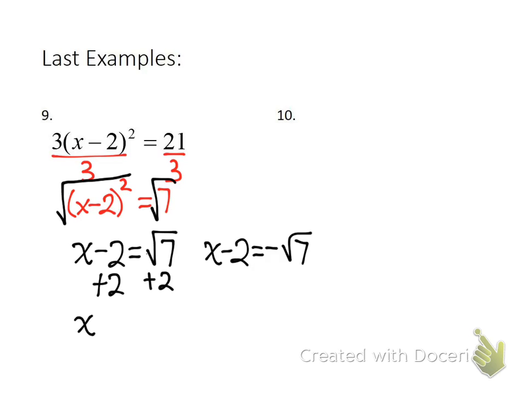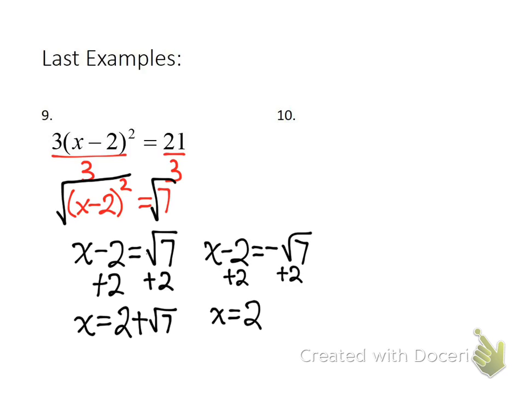These answers are going to look a little bit different. If you put square root of 7 plus 2, that's okay. Usually we put the square root term second. So we would have 2 plus the square root of 7. And on the other one, what do you think it would look like? X equals 2 minus the square root of 7.